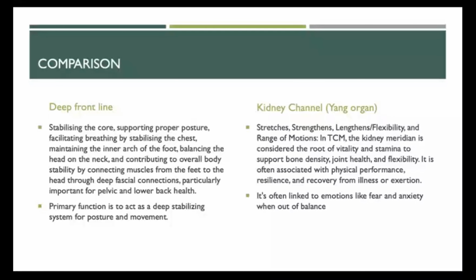Between the kidney, the main purpose of it is strength, flexibility. The kidney meridian mainly is looked at as our vitality, so it's closely associated with Jing, or our vital essence. If that's the case, then we're looking at strengthening bone, muscles, flexibility, tendons.